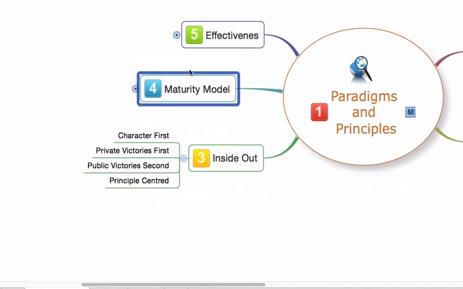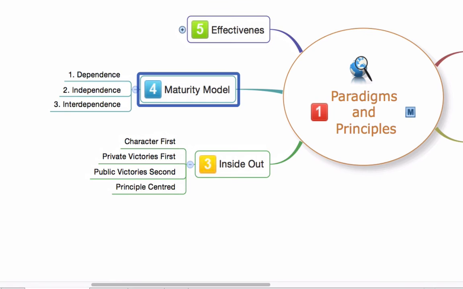And the process that it takes you, he calls it a maturity model, which takes you from the basics to advanced level. The first phase, what he calls dependence, can best be illustrated when we are children. When you're a child, your state of well-being is often dictated by those around you, particularly your parents or your siblings. And so you are highly dependent on them for your well-being and the way you feel.